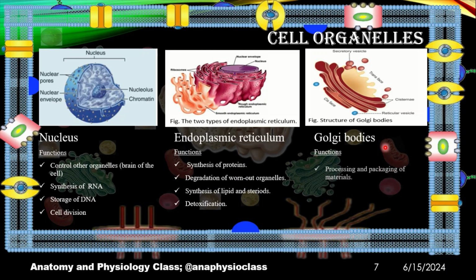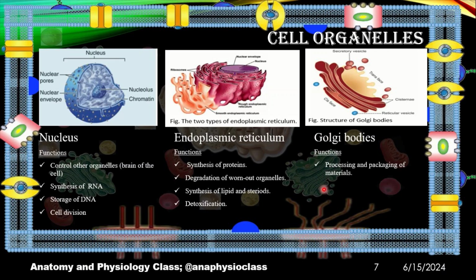So functions of Golgi apparatus include packaging and processing of materials. For example, after the proteinous substances are produced by the ER, or the lipid substances are produced by the smooth ER, they will be sent to Golgi apparatus.